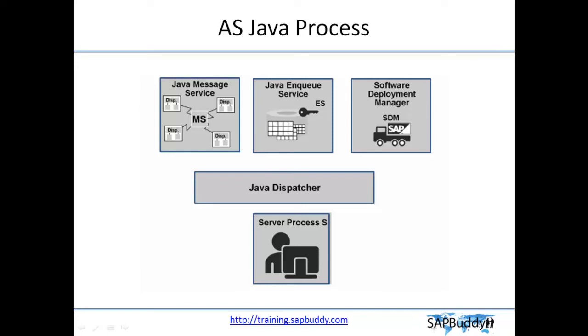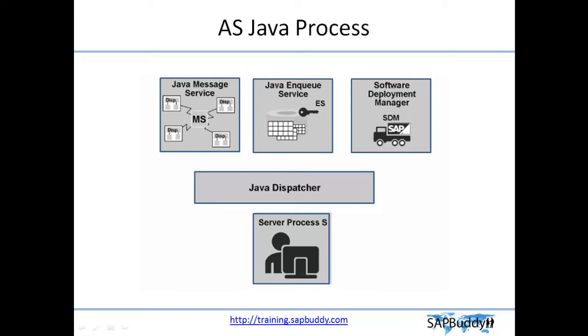In the application server Java process, you will see a similar way of working as in the ABAP work process. You can see the dispatcher. Basically, the dispatcher distributes the incoming requests to the server processes. Here you can see only one server process.